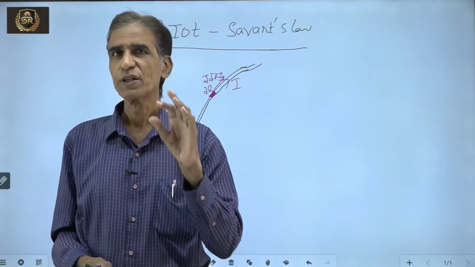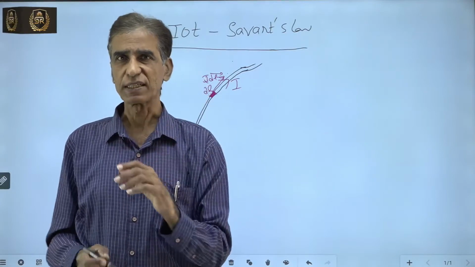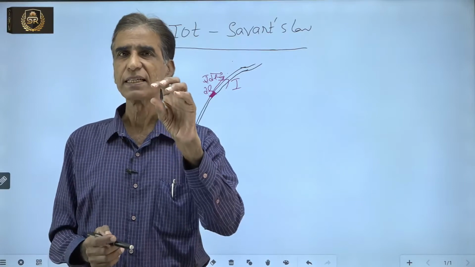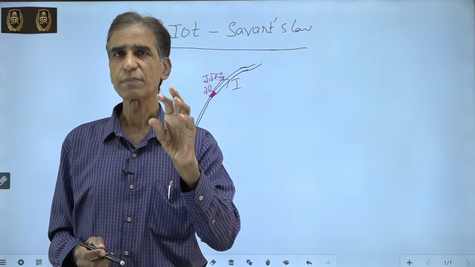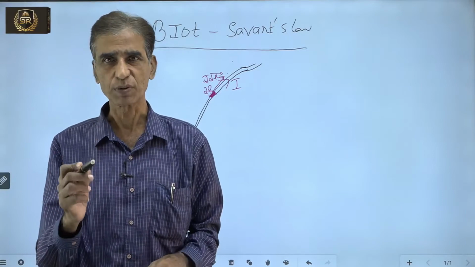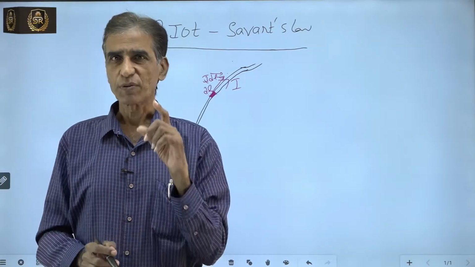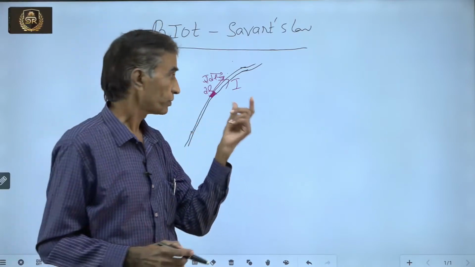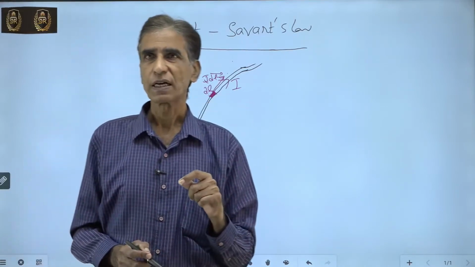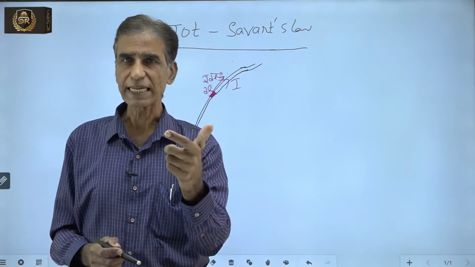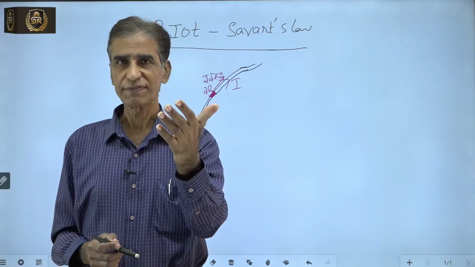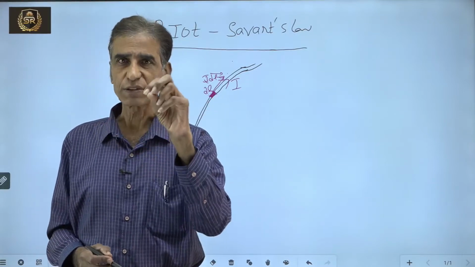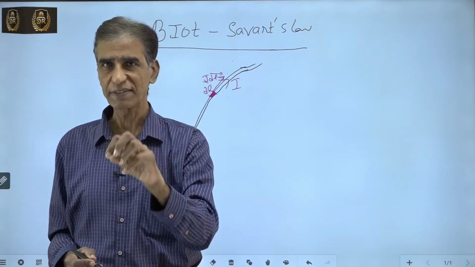Biot and Savart, when they conducted experiments, found that the magnetic field produced by the current element depends upon three factors. Number one, the magnitude of the current element: the larger the magnitude, the more the magnetic field. Number two is the distance of the point at which we want to find the magnetic field.